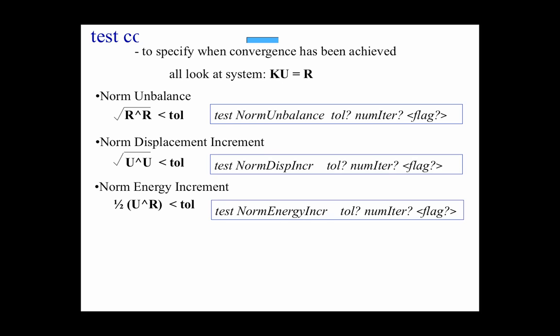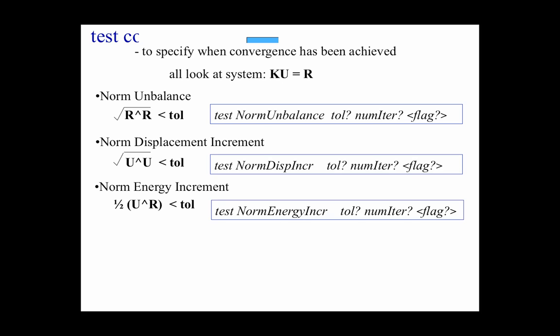So the command test norm imbalance is just doing the norm of the r, whatever is in the AX equals B with the r, that typically is the resisting force, the unbalance. The norm displacement increment is just looking at the norm of the U transpose U. U is typically the displacement increment at every step, though not necessarily all the time.